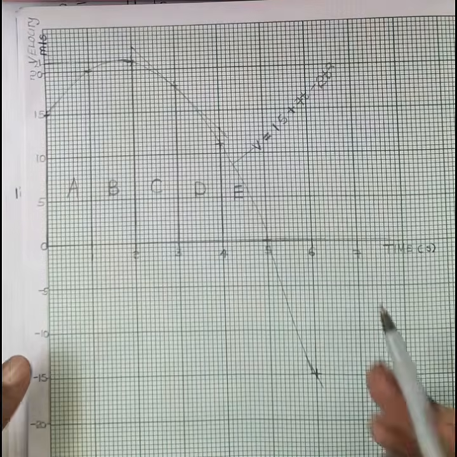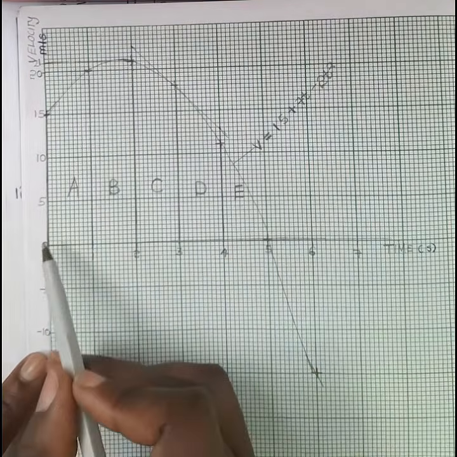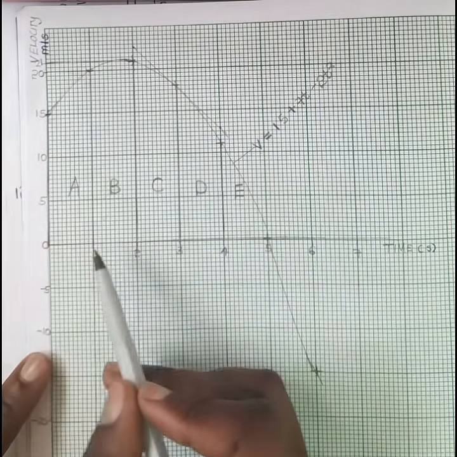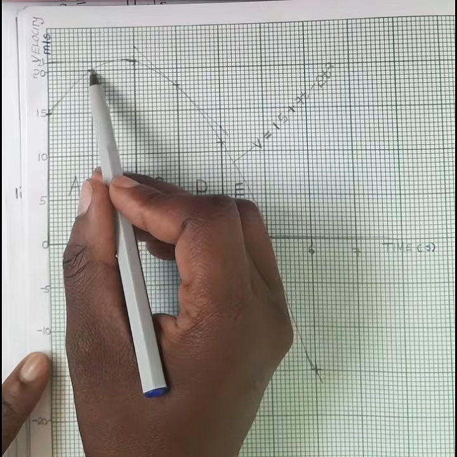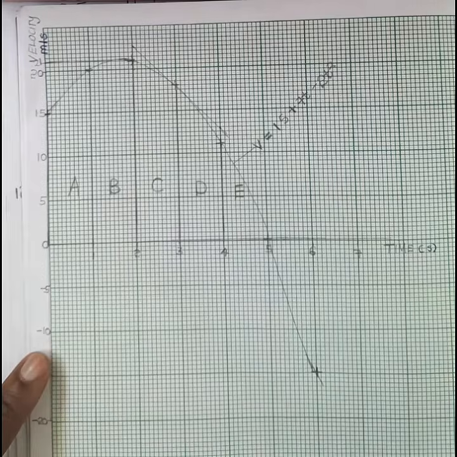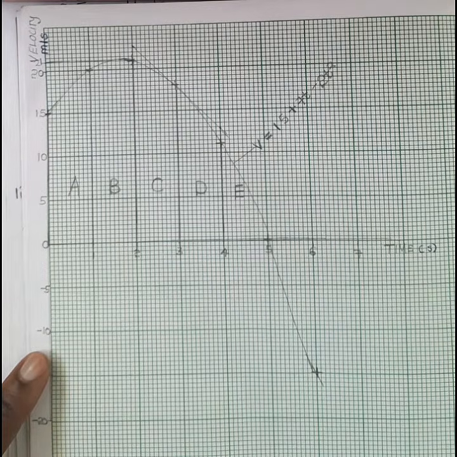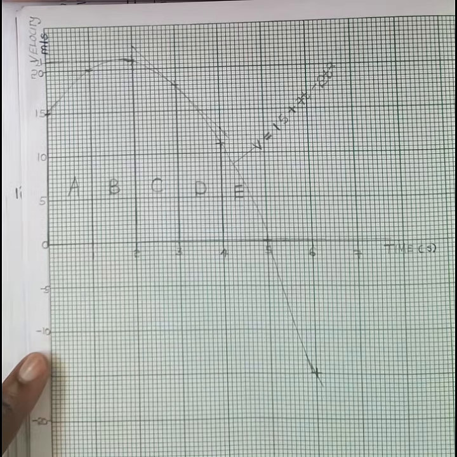For our trapezium A, our first length is 15, and then our second length is 20. So we are going to say area of trapezium A is half times 15 plus 20 times our height, which is 1.